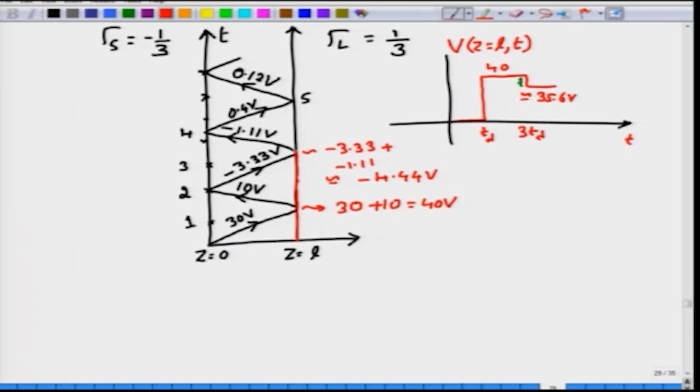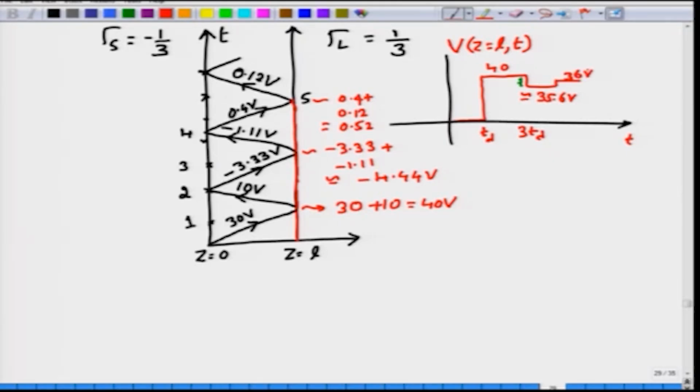As this journey continues, we do not see anything until 4 Td, 4.1 Td and so on, until we hit upon 5 Td, right. So, at 5 Td what do we have? We have an additional partial wave which is 0.4 plus 0.12 volt, which is approximately 0.52 volts, right. So, this causes the voltage, which was roughly 35.6, to jump to about 36 volts.